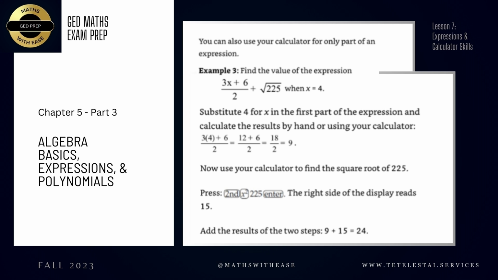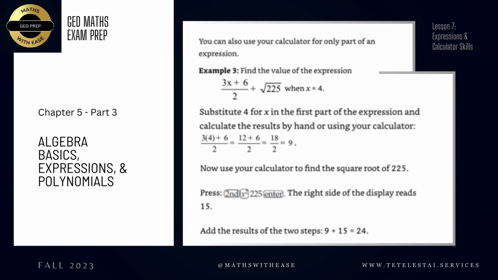So first press open parentheses, then press open parentheses again, and then enter this expression right here, 3x plus 6, close your parentheses, and then press your division symbol, enter 2, and then close your parentheses again, so that your calculator knows that it's adding whatever you find on this side to this entire thing.